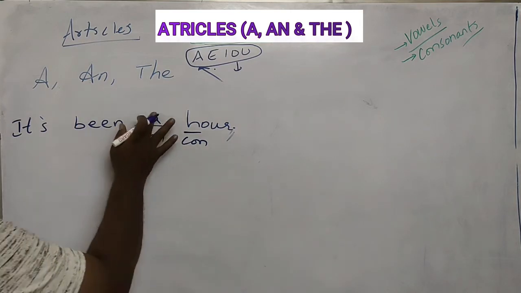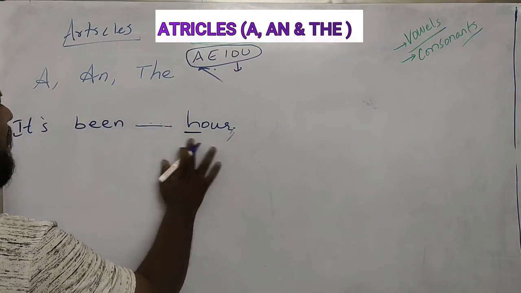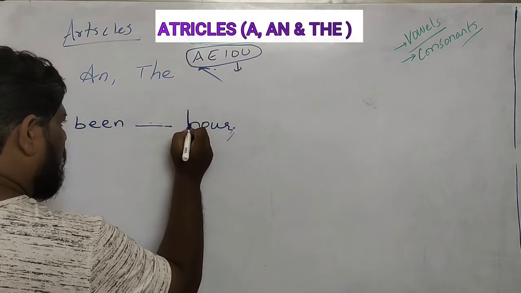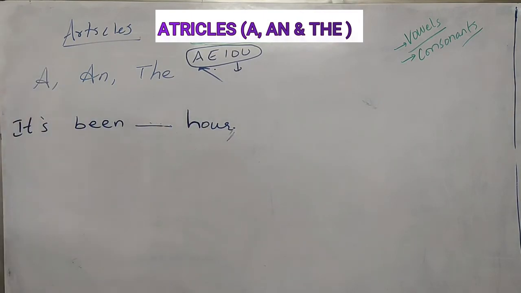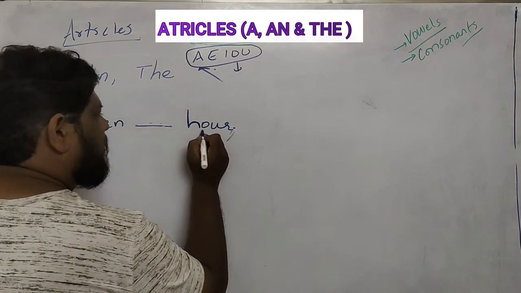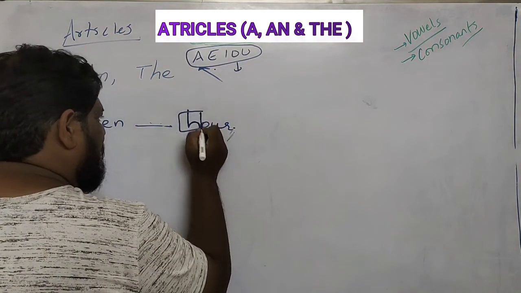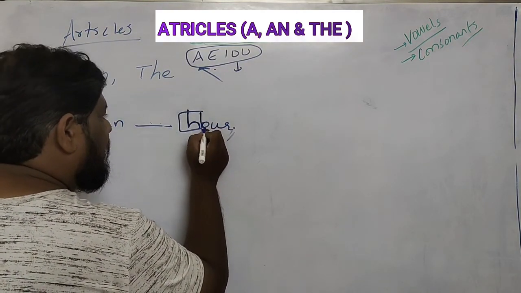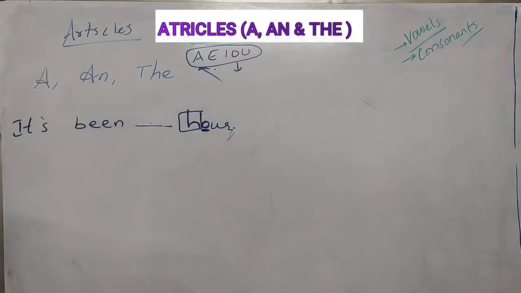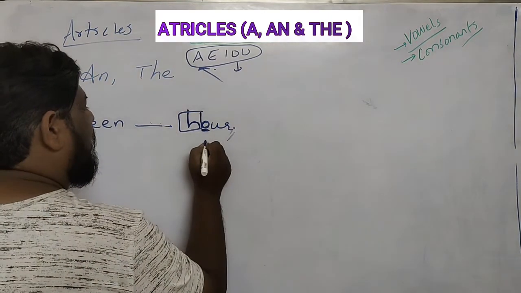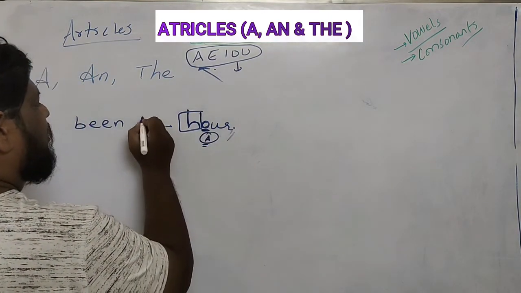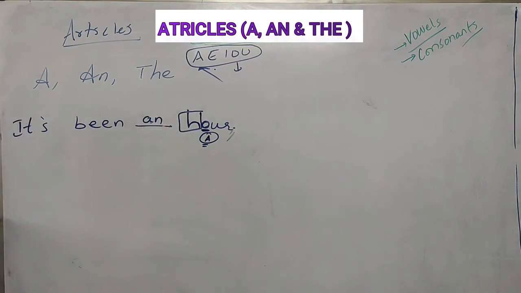You should not write like that, because here, if you check, you will not pronounce it as "hour" with an H sound. You will pronounce it as "our". That means H is silent here, and the next letter is O. It is not even coming as H. You will pronounce it as "our". So, the "our" sound is an A sound. So, again you write here "an".